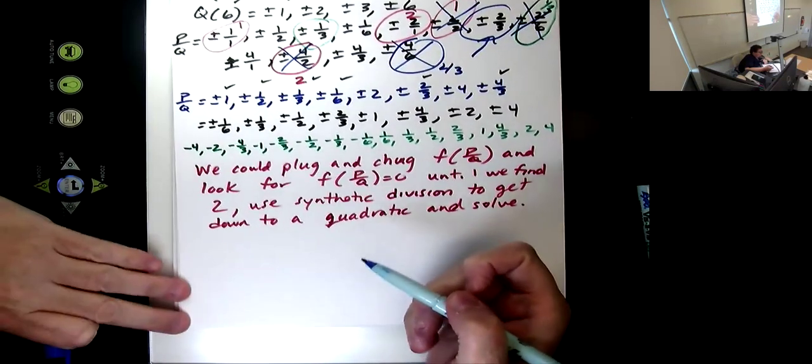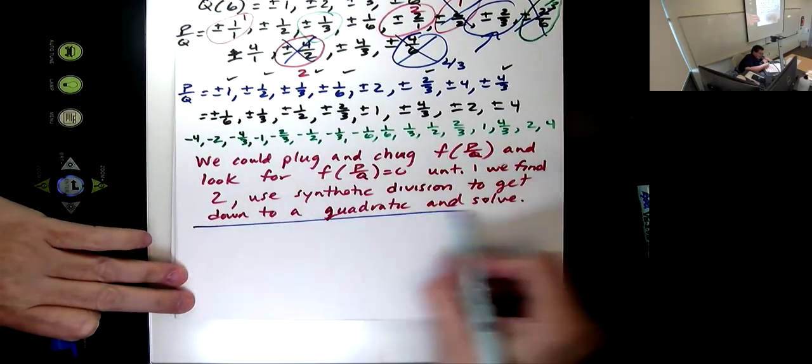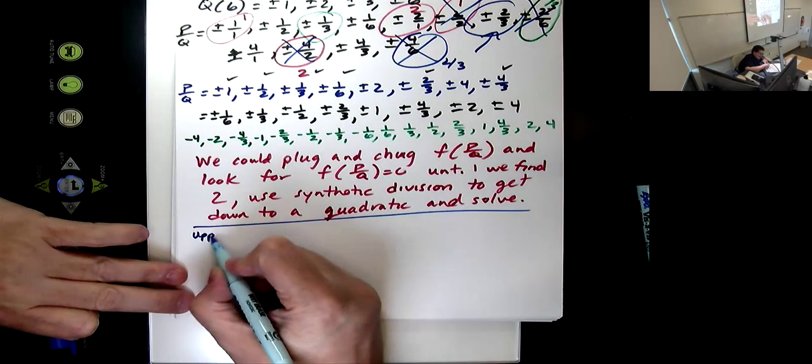So there are some things that help us. We have something called the upper and lower bound theorem.